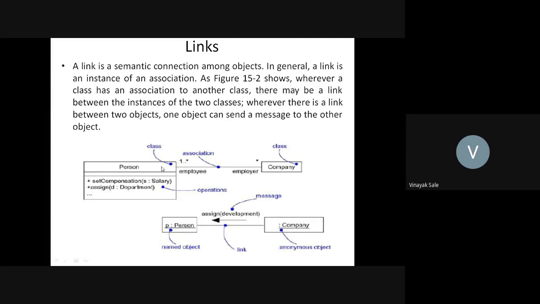When two classes are associated with each other, when there is an association between two classes, then there is a link between their objects or instances. See the figure carefully.